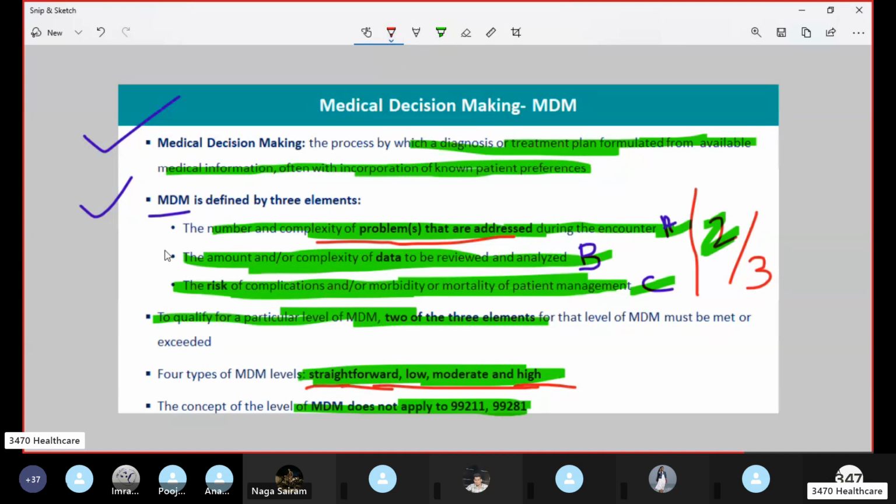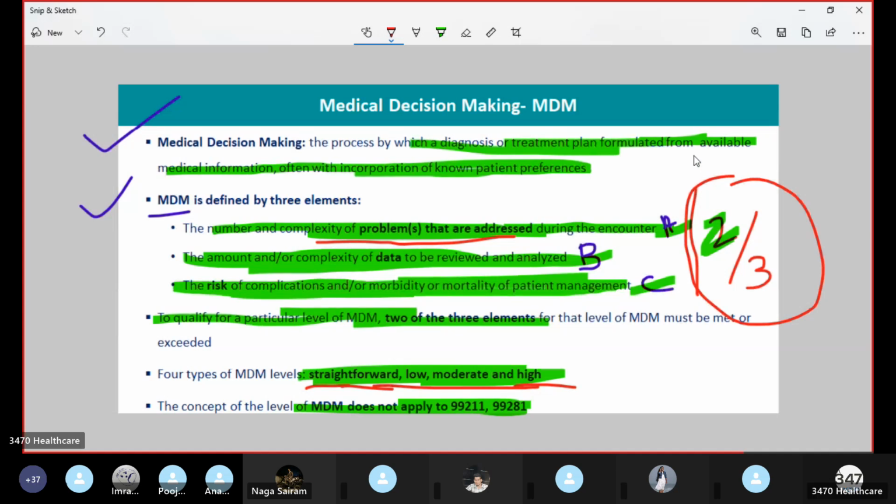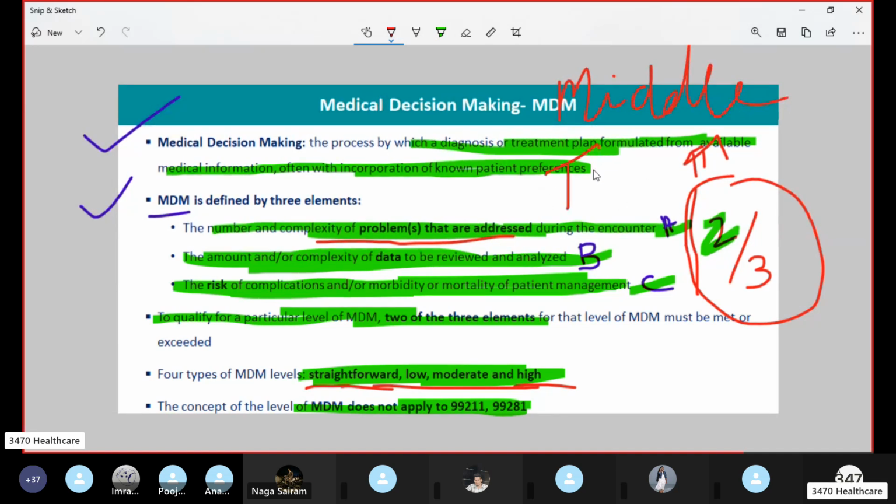Before that, 2 by 3 means any two of the three tables should be satisfied. How to select? It is not the least one. 2 by 3 means select the middle one, or the one which has two times.